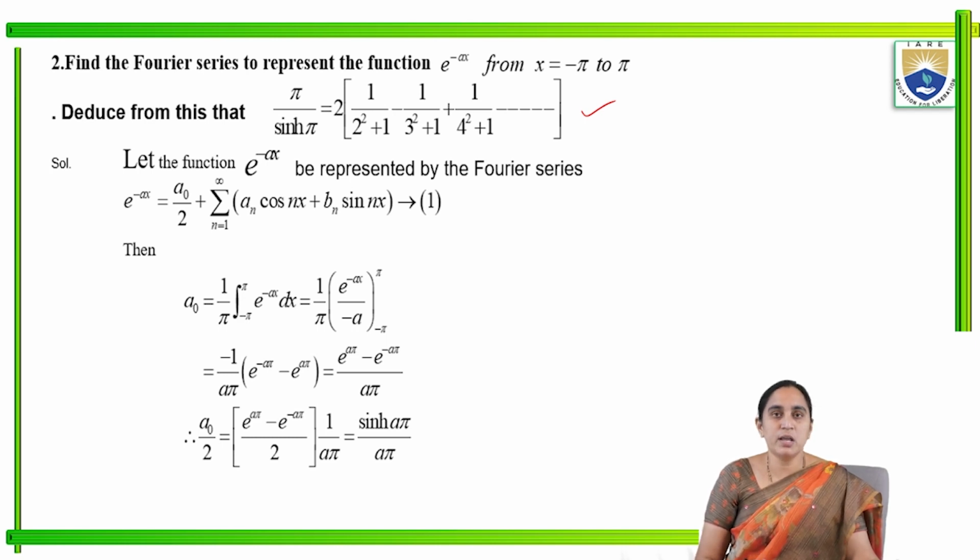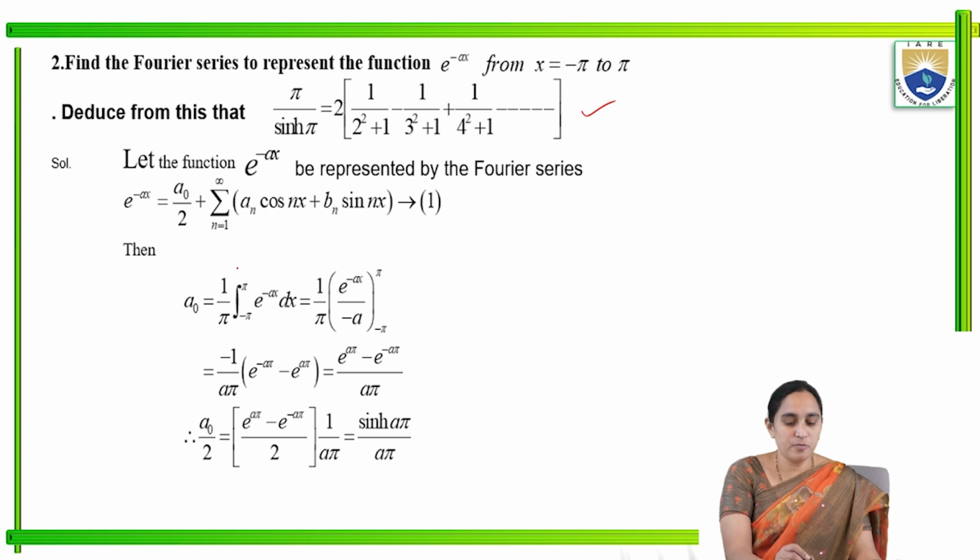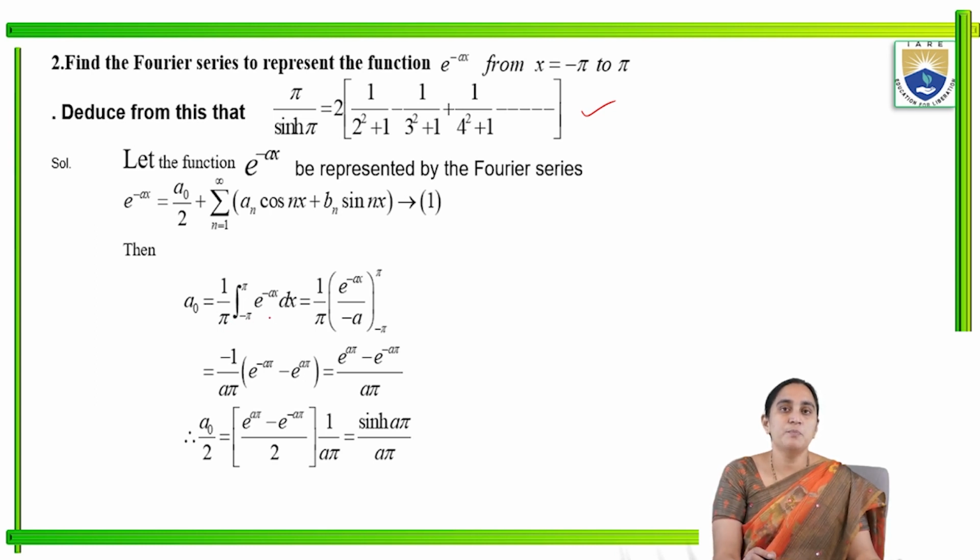Then what about the a naught value there? A naught formula is 1 by pi into integral minus pi to pi e power minus ax dx. That is 1 by pi into, what about the integration of e power minus ax? E power minus ax by minus a. Then the limits minus pi to pi, and after that substitute: minus 1 by a pi into e power minus a pi minus e power a pi.